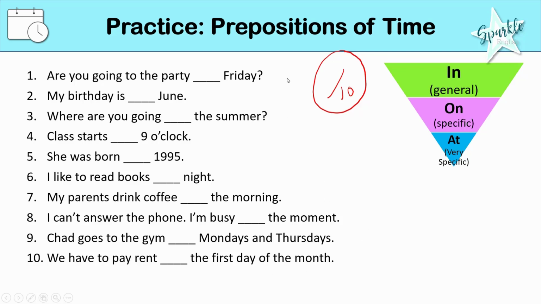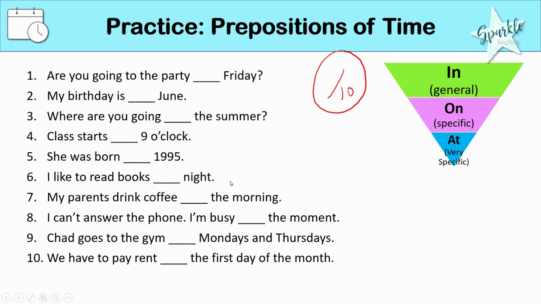So number 1, are you going to the party Friday? Number 2, my birthday is June. Number 3, where are you going the summer? Number 4, class starts 9 o'clock. Number 5, she was born 1995.